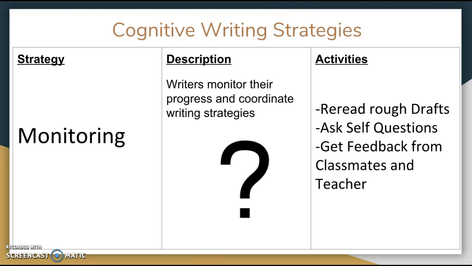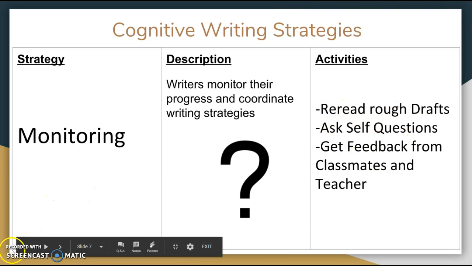It allows students to develop and refine their composition. Some of the activities that you can practice are having students reread rough drafts, ask themselves questions, and get feedback from classmates and from teachers. This is the metacognitive thinking where students are thinking about their own writing process.